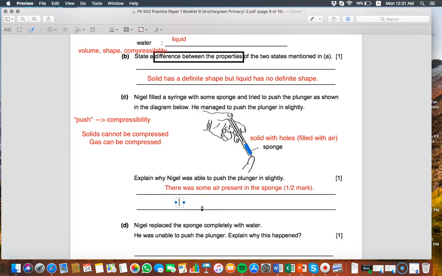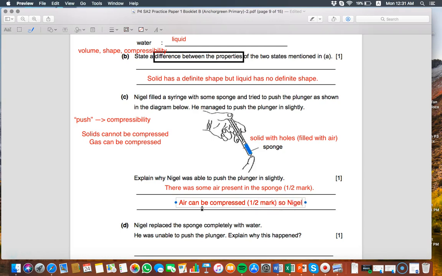It is to use the science concept. Which property of air allows it to be pushed? In this case, you say air can be compressed. So that will be half a mark.